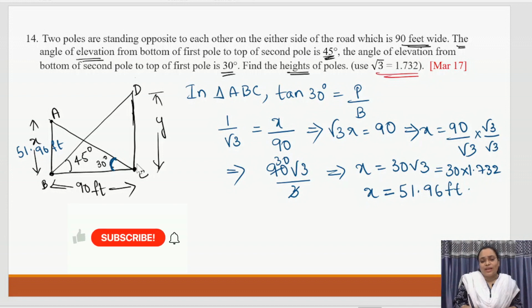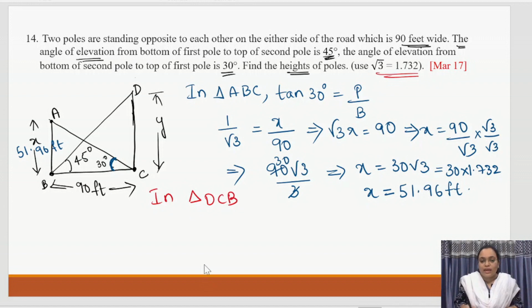Clear? Now let us find the height of DC. Let us take the triangle DCB. In triangle DCB, we have angle 45 degrees. The side opposite the angle is the perpendicular and we know the base, which is 90. So we can apply tan 45.